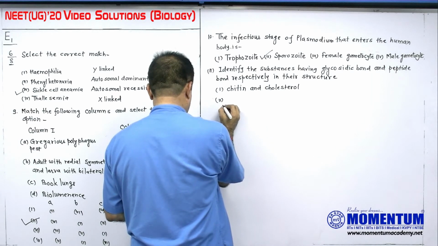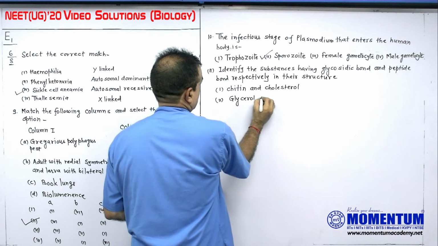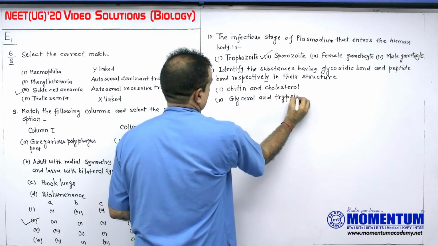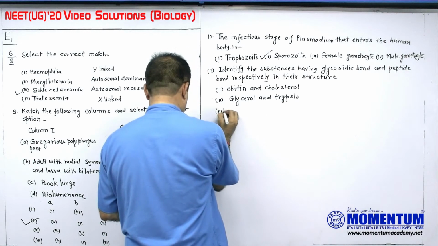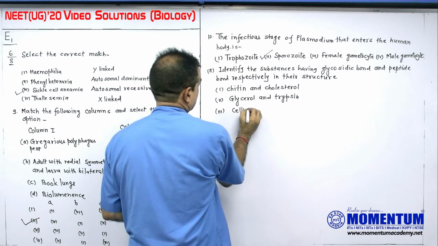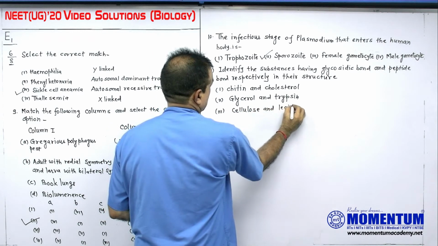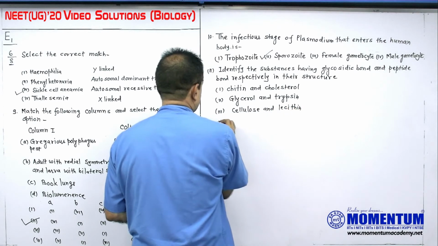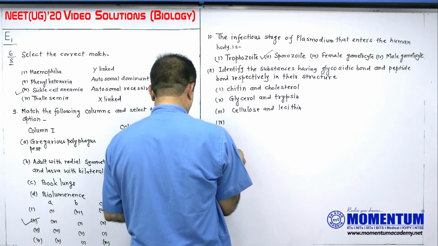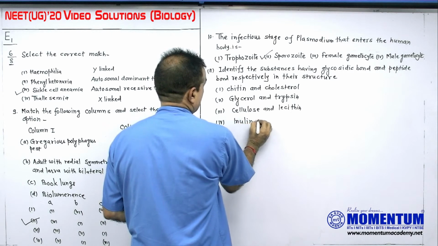Second choice, glycerol and trypsin. Then third, cellulose and lecithin, and number 4, inulin and insulin.